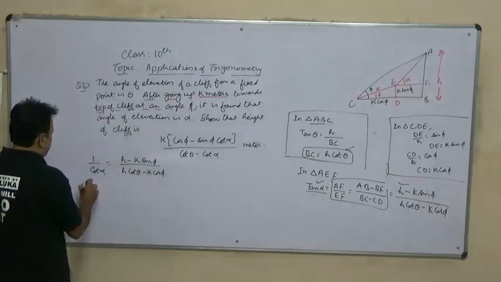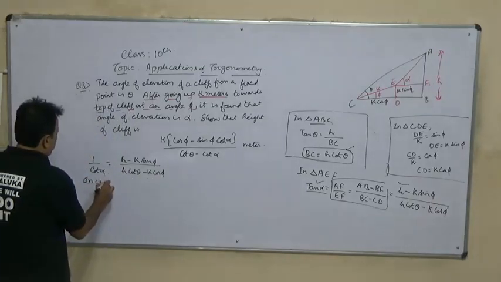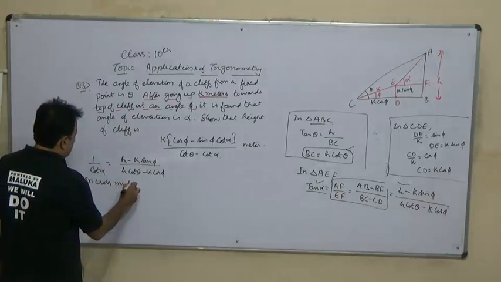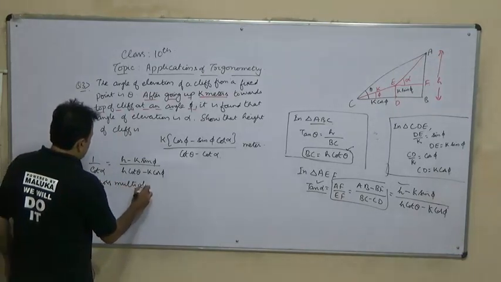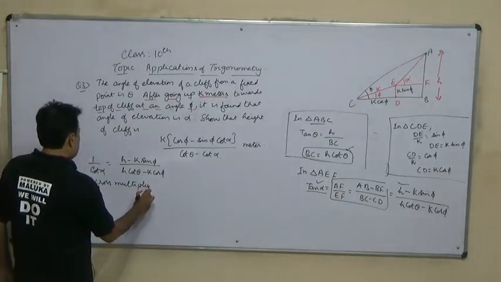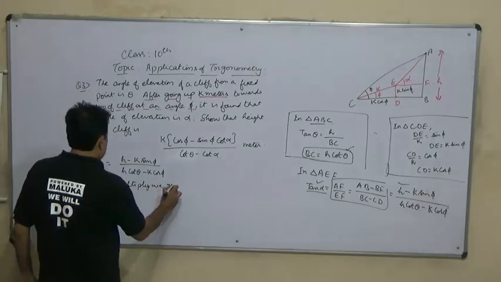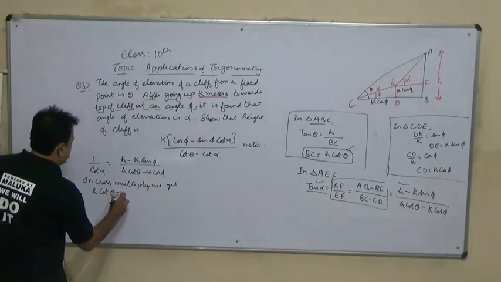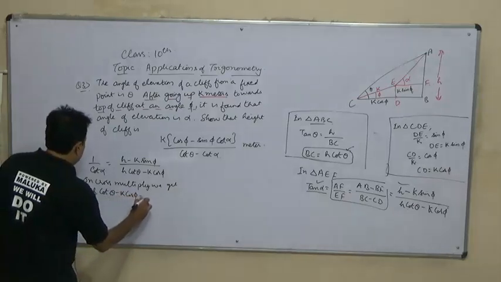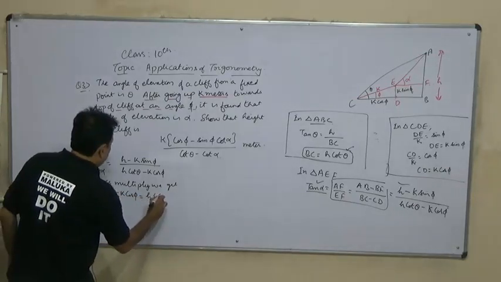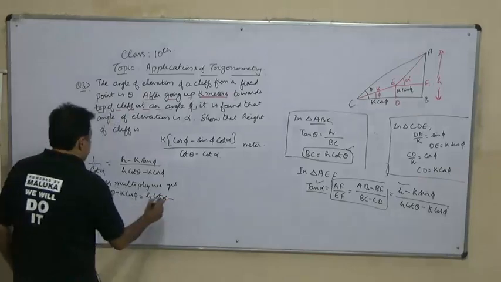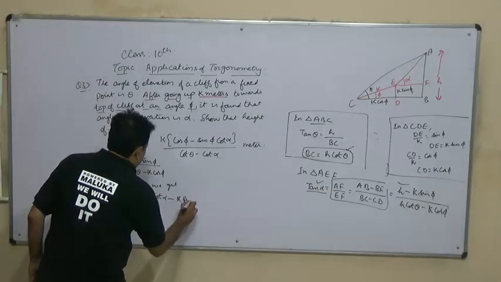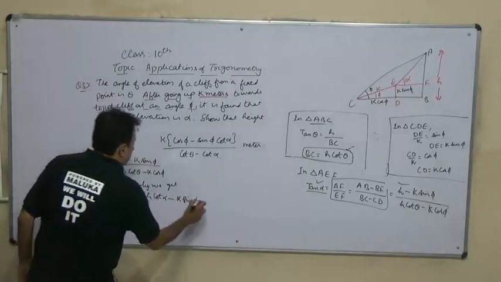On cross multiplying we get H cot theta minus K cos phi is equal to H cot alpha minus K sin phi cot alpha.